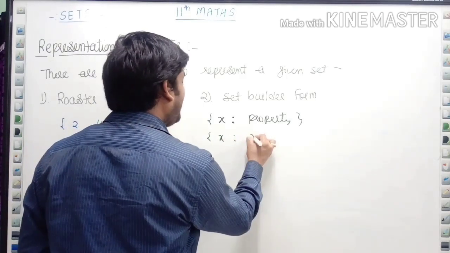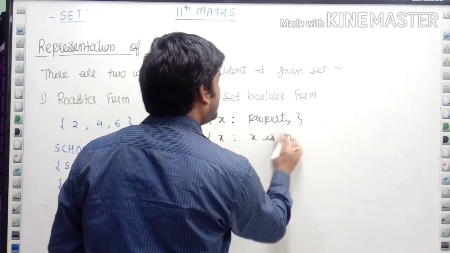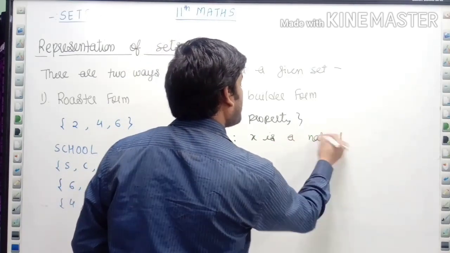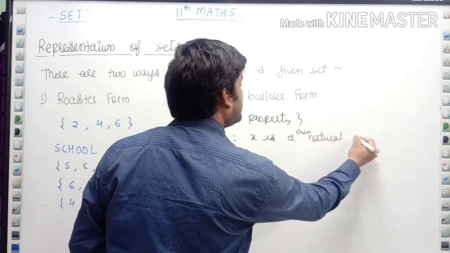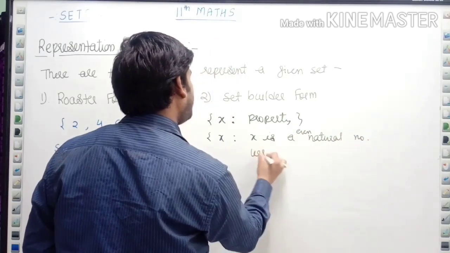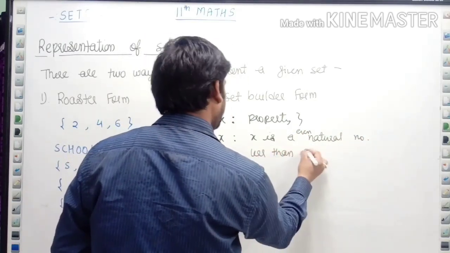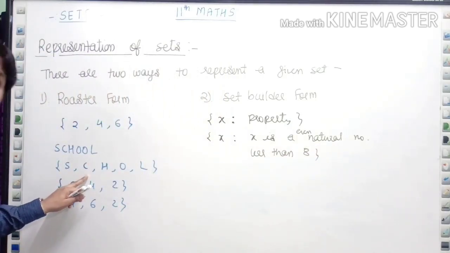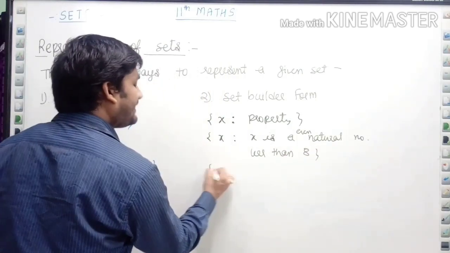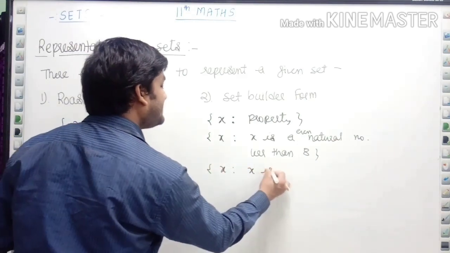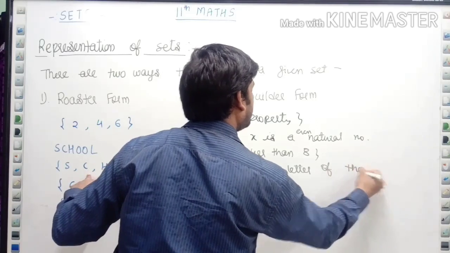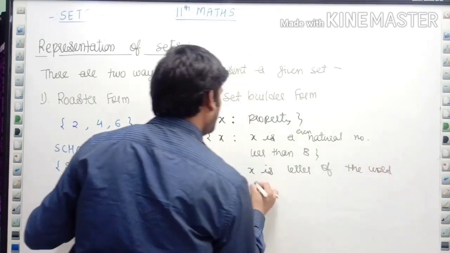The property: x is an even natural number less than 8. Suppose I want to write this set in set builder form, I can write x, x is a letter of the word school.